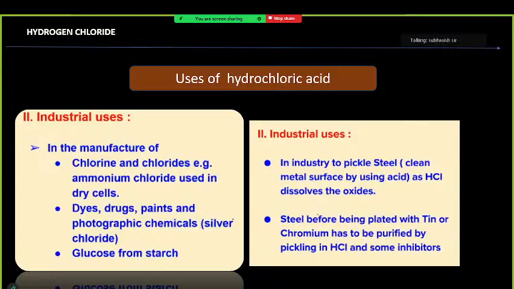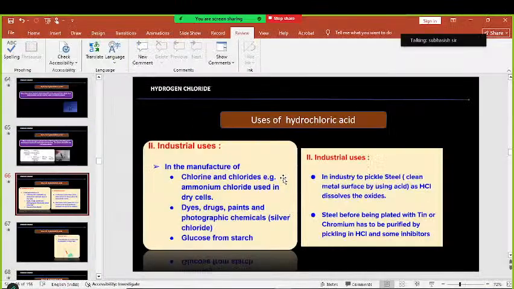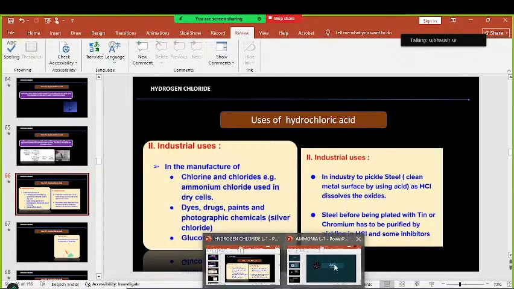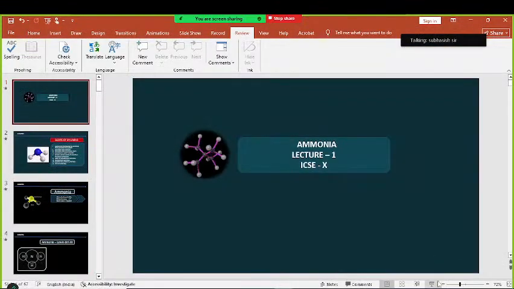Before the plating of steel with other metals, it should be purified by HCl. So this is all about hydrochloric acid, the important parts we discussed. Now we move on to the next one, that is ammonia.